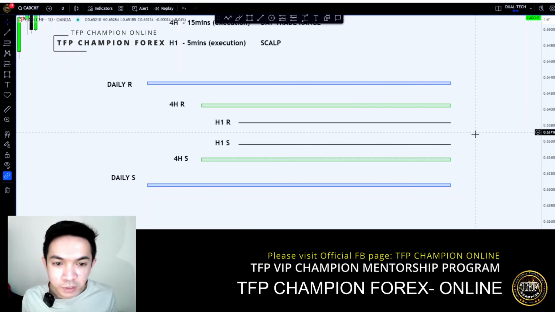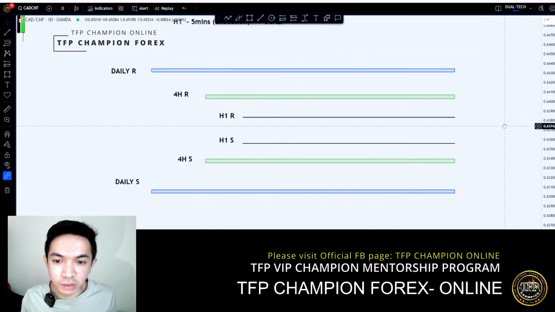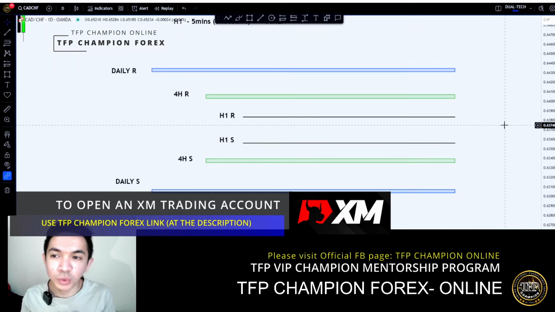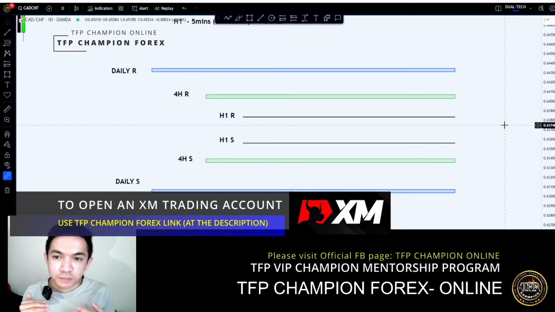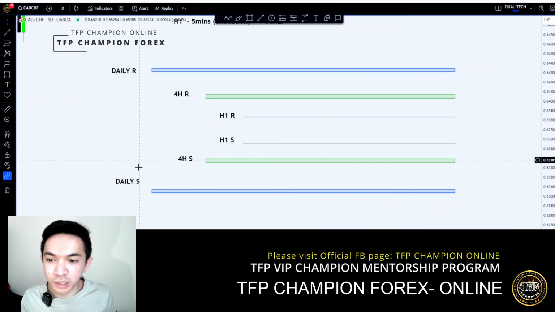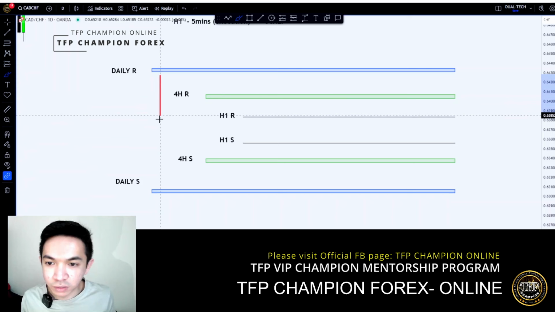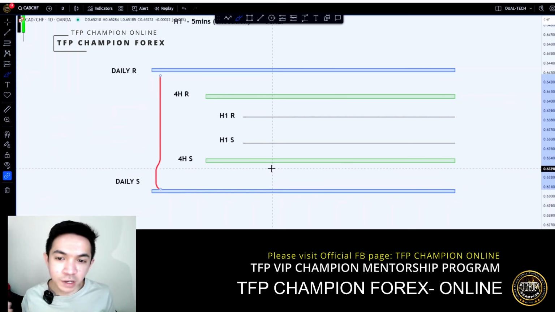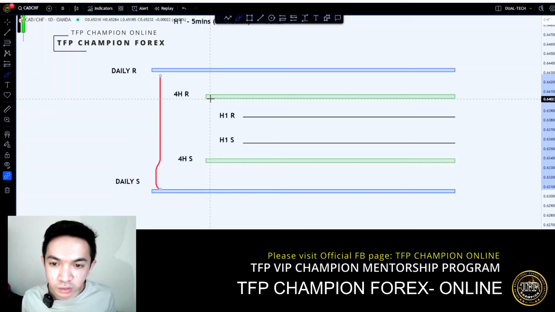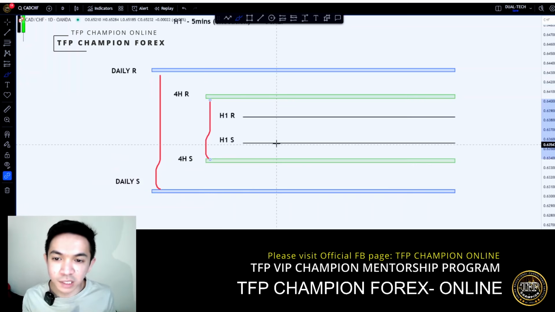So the purpose of this squeeze method is simply knowing na ano yung trading range mo as of now. Let's say, for example, daily R to daily S is meaning our range. So, meaning ang range mo for trading opportunity for a long term is ito. On the other hand, kapag naman 4-hour range to 4-hour range, simply ito yung trading range mo. You are bounded with this level.